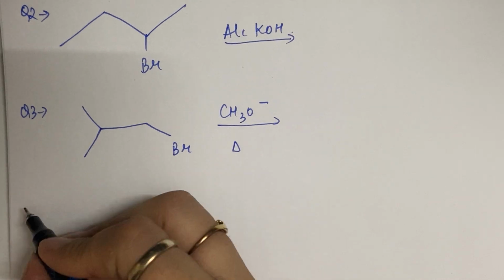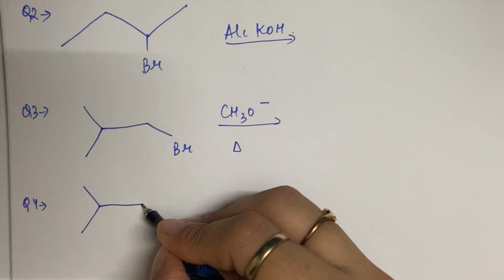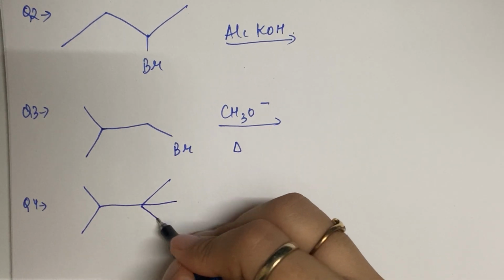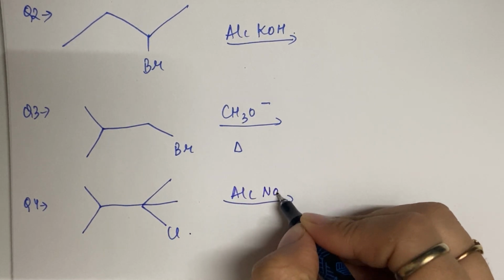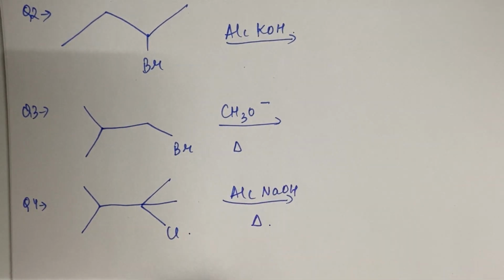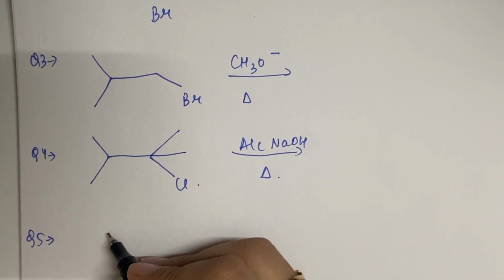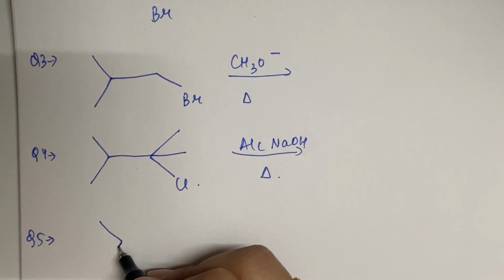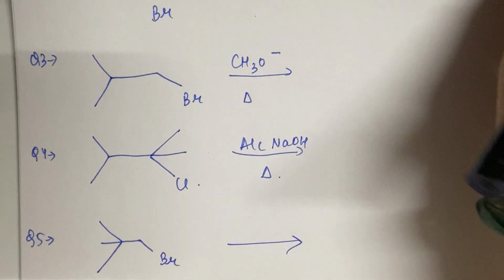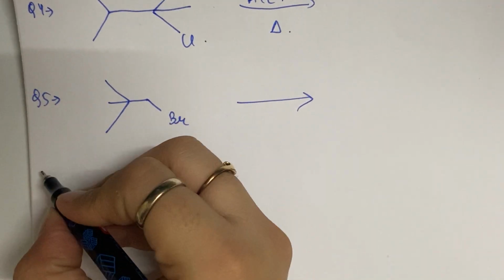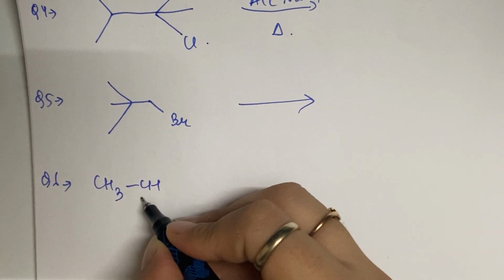Then question 4. Chlorine here, and the reagent you are taking is alcoholic NaOH. You are heating it. Question 5. Br is here. Question 6. Pause and try these questions.